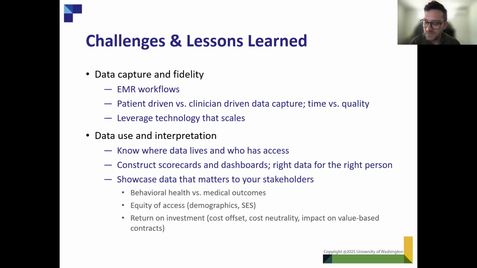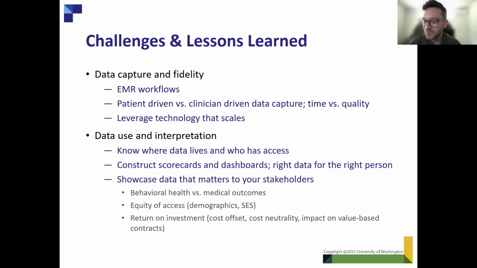Understanding that patient-driven data capture through self-assessment can sometimes not be the best, but it sometimes can be more efficient. So thinking about, what is going to help save time but not degrade quality is critically important. If your care managers are spending the majority of their time just capturing metrics, that's not an efficient use of their time because they don't have a lot of opportunities to engage much more in the treatment elements or aspects of their behavioral health care manager role.